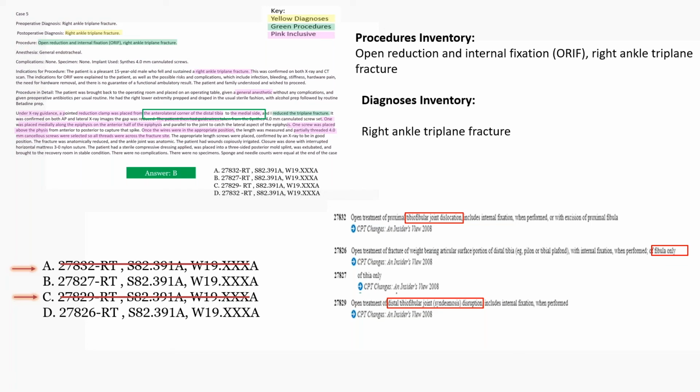That is the key point that helps us know the exact location where the reduction was performed. It was only performed on the distal tibia and no fibula was involved. In that way, we can eliminate option D, and the correct answer is option B, 27827.